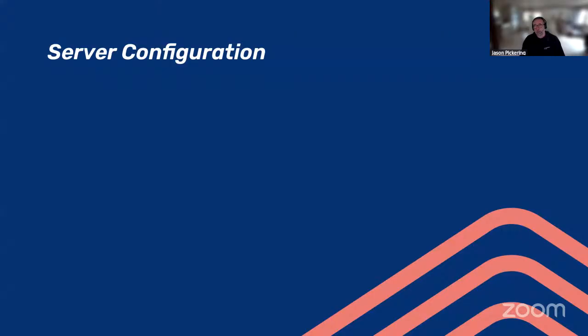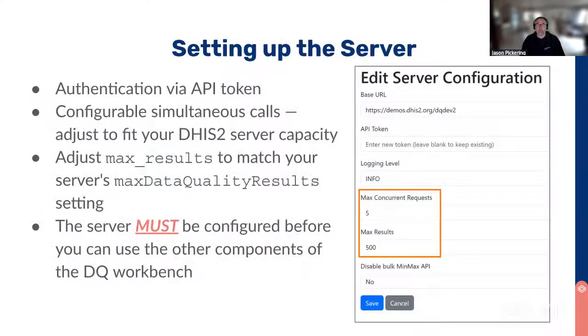So here's some details about the server configuration. Basically, we need to interact with a DHIS2 instance. This could be any DHIS2 instance, really. An API token is used for communicating with DHIS2. So you will need to create an API token, not using your username and password.